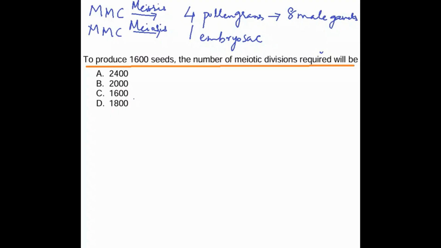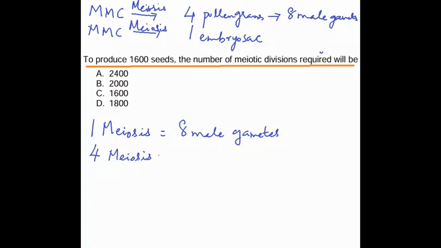So one meiotic division results in 8 male gametes, whereas 4 meiotic divisions should take place to get 4 embryo sacs, which is equivalent to production of 4 seeds.